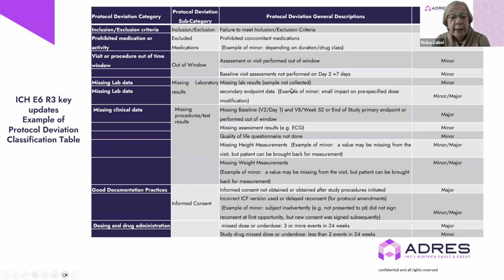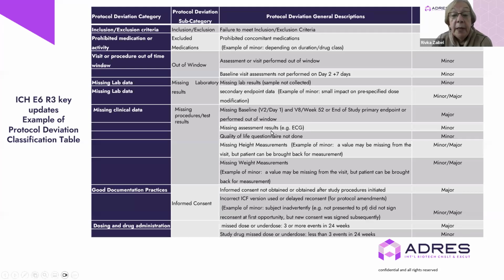Missing lab results. Samples were not collected or the test was not performed. Again, those might be minor or major. If the lab results are associated with any primary or secondary endpoint of the study, then it might be a major or even critical deviation not having that data.